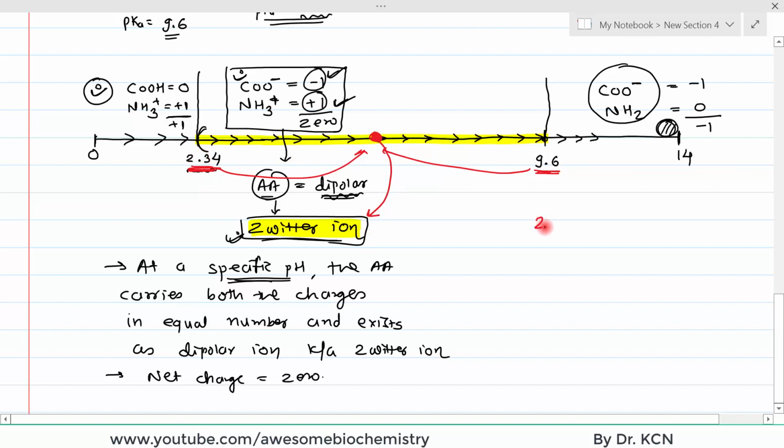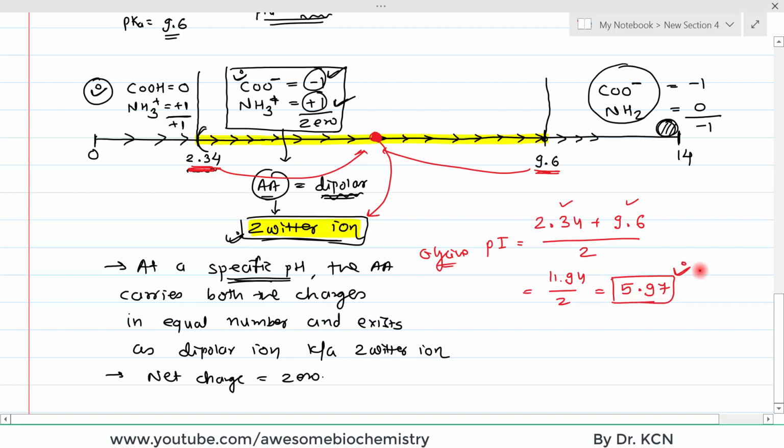We have to average out 2.34 plus 9.6 divided by 2. Whatever the answer is, it will give the pI of glycine, right, because we are considering the pKa values of glycine. So, what will be the answer? 11.94 divided by 2, and the answer will be 5.97. So, this is the isoelectric pH of glycine.